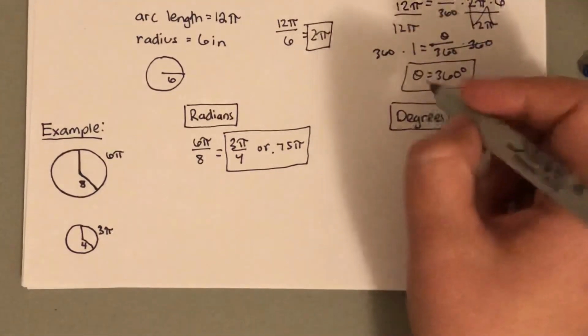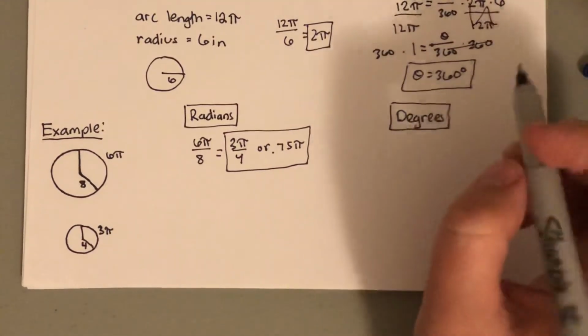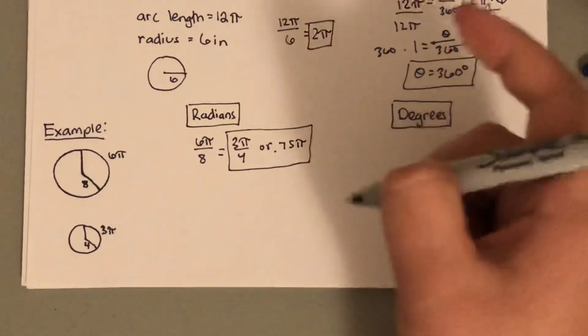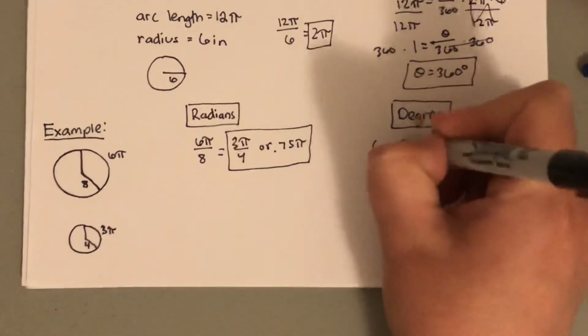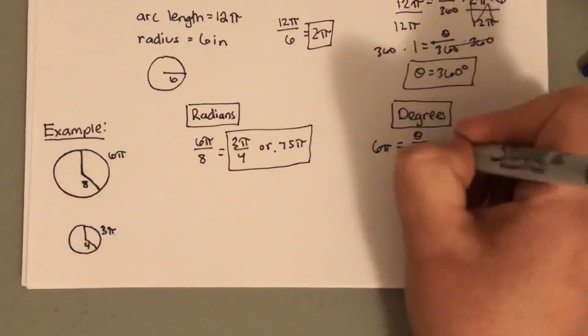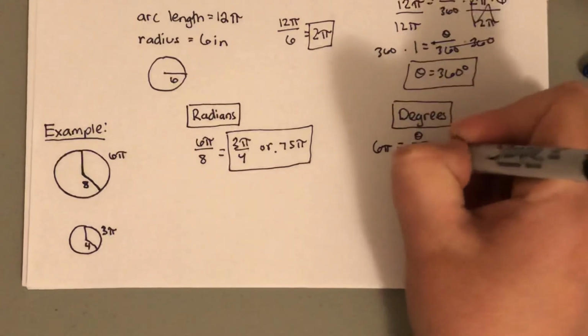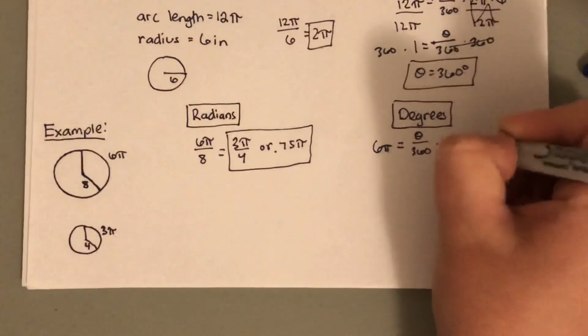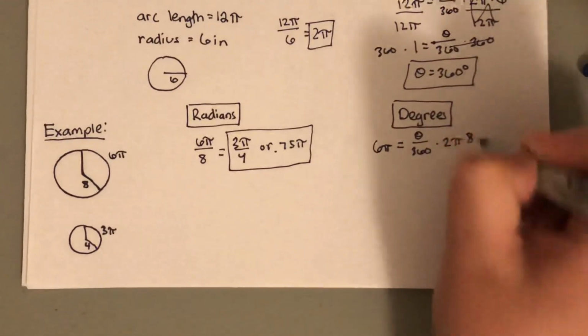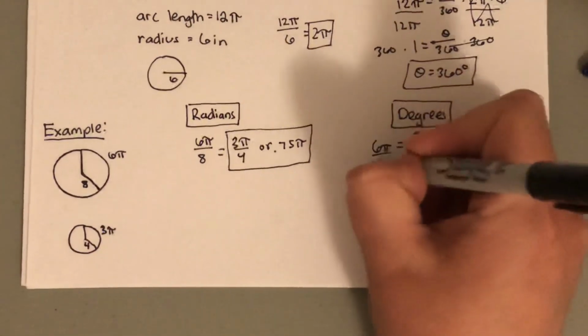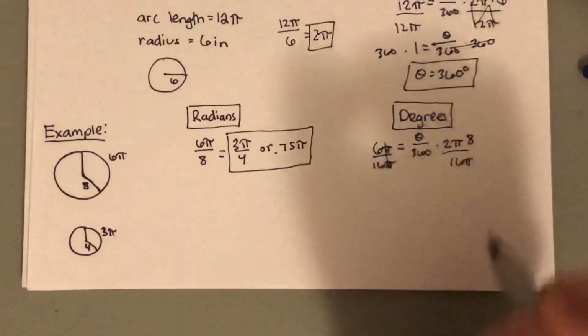So if we look over here in degrees, we would use our arc length formula and plug in everything we know, just like we did up above. So we have 6 pi equals, we don't know yet, over 360 times 2 pi times 8. Okay, so we divide both sides by 16 pi. The pi's cancel out.